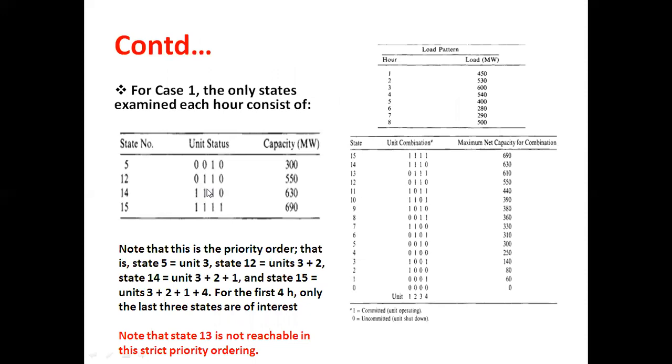Now, for case 1, only one state is examined each hour. We will now see the unit combination that we have already seen, and this is our load demand, for hour 1 to hour 8, since we have said it is an 8-hour load pattern.